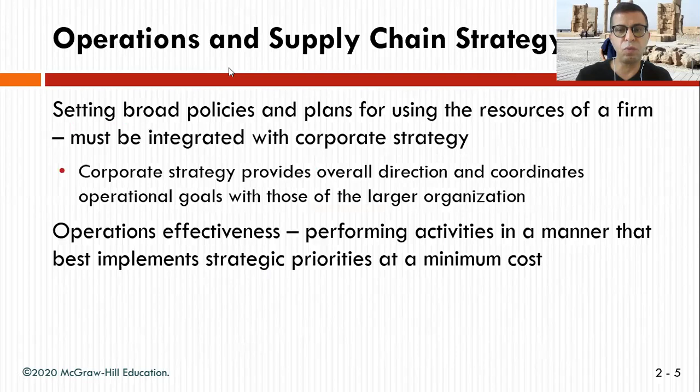Now, when it comes to operation and supply chain strategy, as we said, it is setting broad policies and plans for using the resources of a firm, and it must be integrated with the corporate strategy, because the corporate strategy is setting up goals.